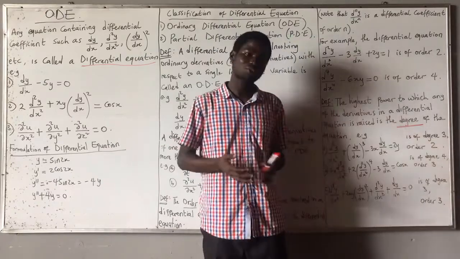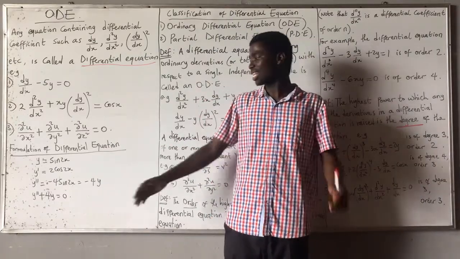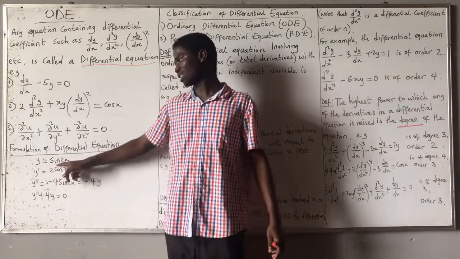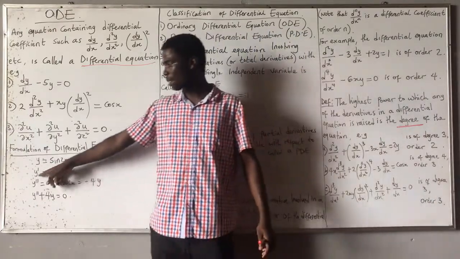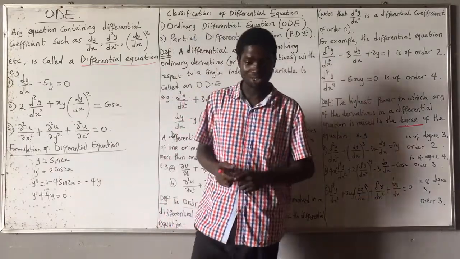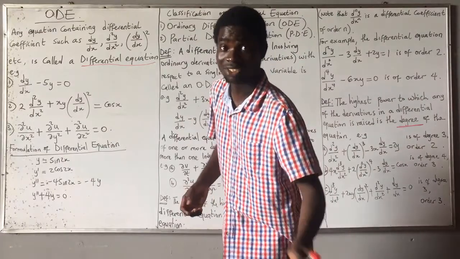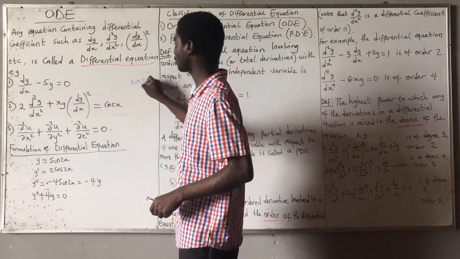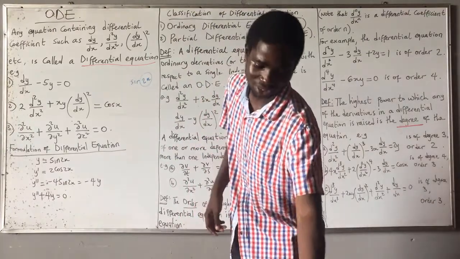Now, how do you formulate a differential equation? There are different ways of formulating it, but let me just give you an instance. If you are given y equals sin x, differentiate the first time, this y prime. When you differentiate sin x, the answer is cos x. So when you are differentiating sin 2x, you do it as if it's the sin x that is there.